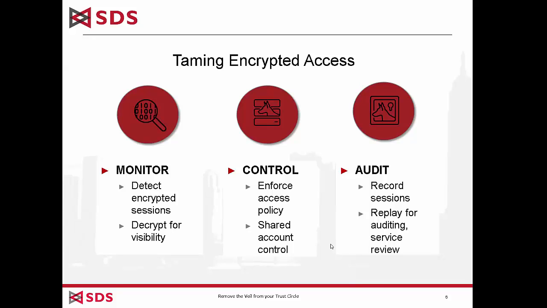So CryptoAuditor is able to close the blind spot that encrypted access creates. Encryption is great. Vormetric released a report last year that said 70 to 82% of all traffic in enterprise environments is done through encrypted tunnels.